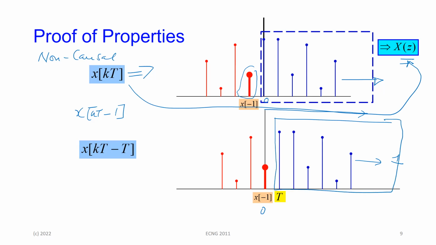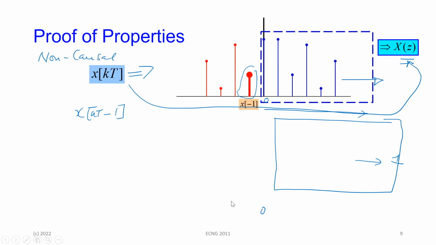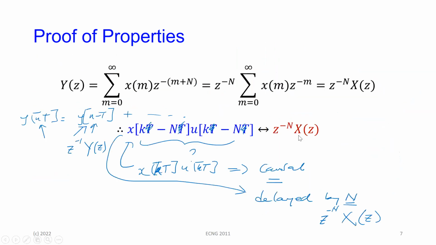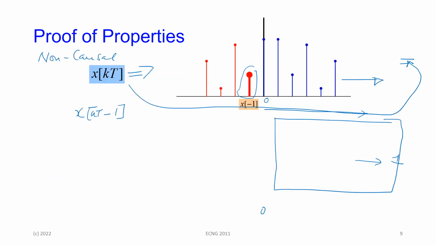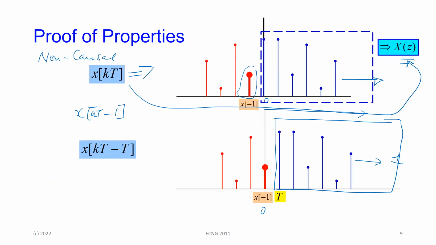We've delayed it by 1. And from the previous set of this little discussion that we had, if I delay it by 1, then the blue guys will be the same X(z), but we have to multiply it by z^-1 because I've delayed it by 1.